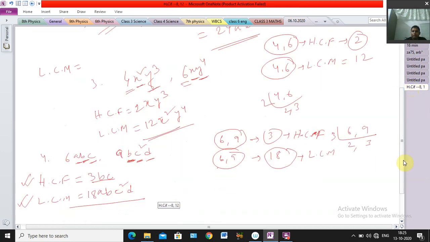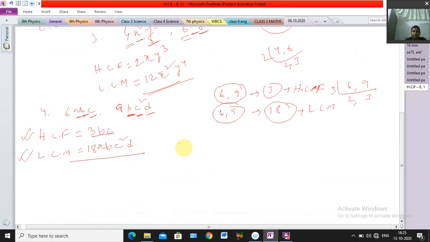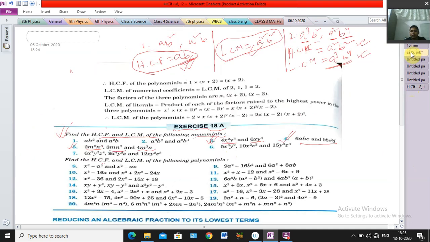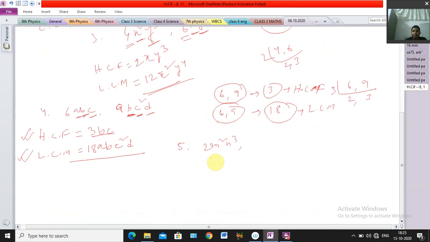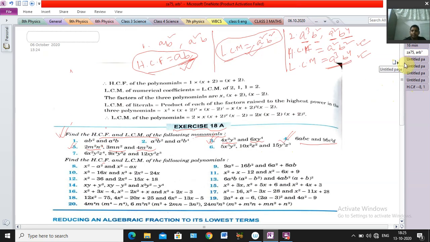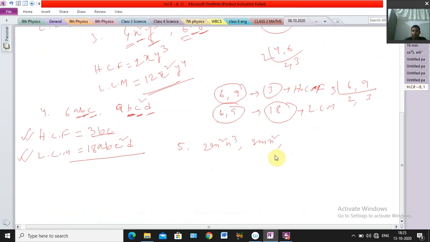I am writing question number 5: 2m square n cube, 3m n square, and 4m cube n.